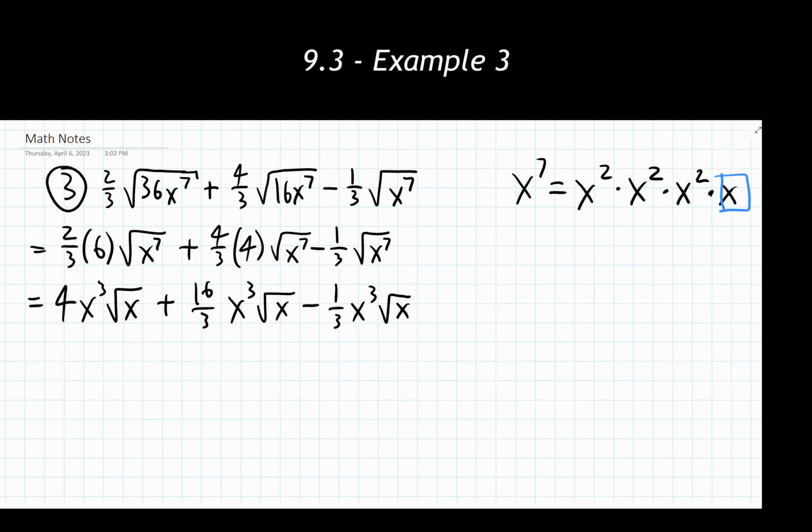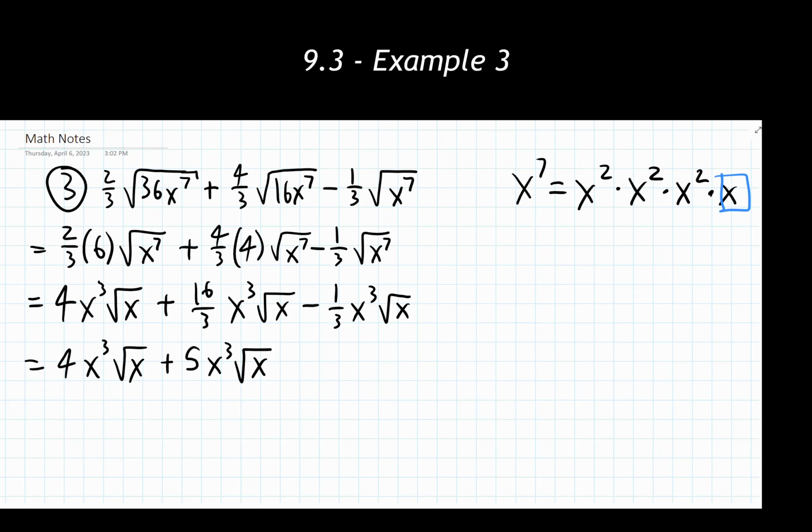That's going to make that 15 over 3, and that 15 over 3 is going to simplify down to just being 5. Between these two things, the 16 over 3 being positive is the larger, so I should still have a positive answer left over there.